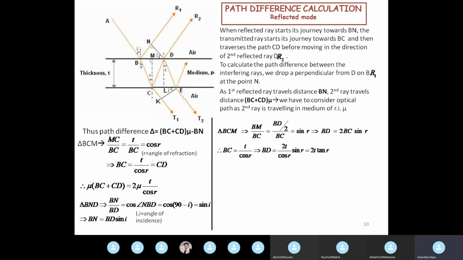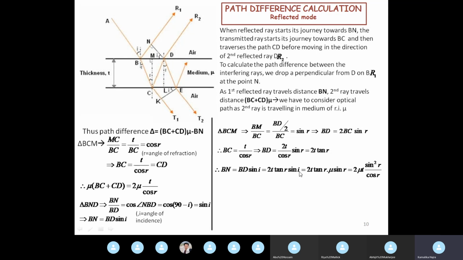So BC, which we had already got as T by cos R. So you replace BC by T by cos R. So BD is 2T by cos R into sin R, so 2T tan R. So BN, which is equal to BD sin I, you replace BD by this 2T tan R. So BN is 2T tan R into sin I.